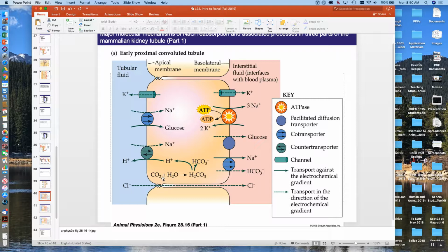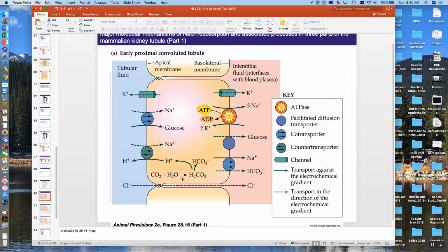This is actually a really important reaction in the proximal tubule, in the thick ascending limb, in the collecting duct, in red blood cells, in parietal cells of your stomach. This is also, believe it or not, a very important reaction that occurs in oceans when we think about ocean acidification. All right, so let me go through this fairly quickly.